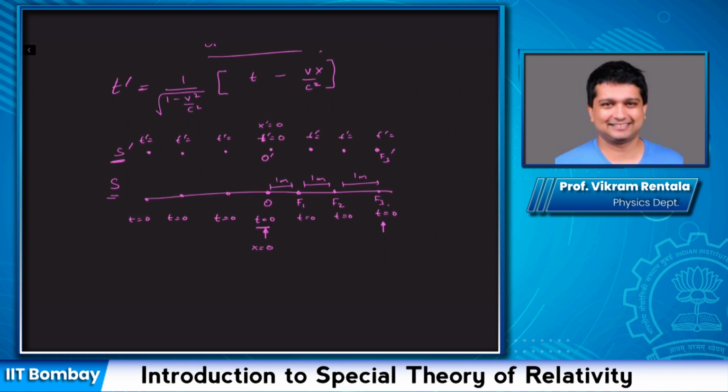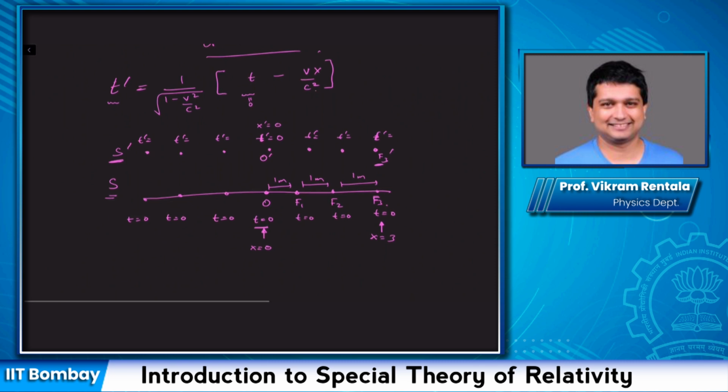But if we ask what happens to the time on the clock that friend 3 prime sees when he comes face to face with friend 3 sitting on the platform, from the Dictionary of Special Relativity this t would be 0, but x would be plus 3.